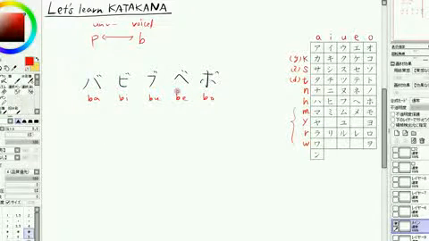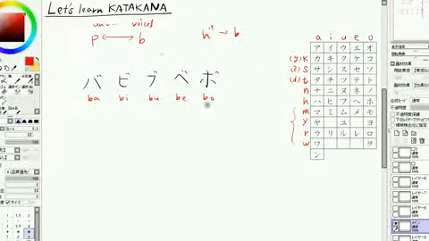You know the original row, that is the H row. So for some reason, H plus two dots becomes B. Very strange, but that's how it goes in Japanese. So, ba, bi, bu, be, bo. And these are all the characters that can be connected with two dots. The rest of them, for example, M, Y, R, these other rows can't be connected with dots.